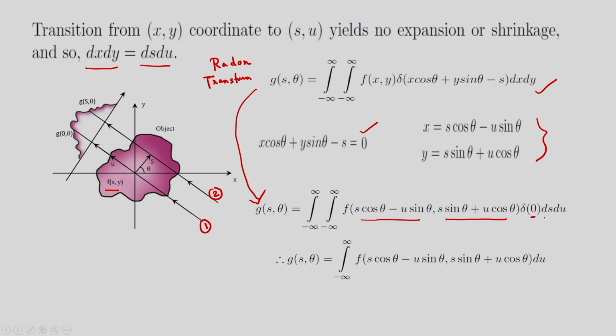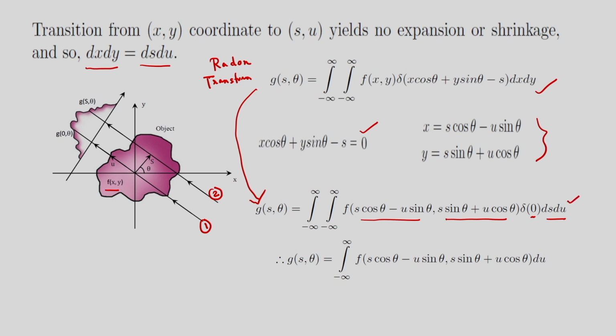The integration of delta 0 value is 1. Also, I am just changing dx dy into ds du, because the transition from the xy coordinate to the su coordinate yields no expansion or shrinkage. That is why dx dy is equal to ds du.